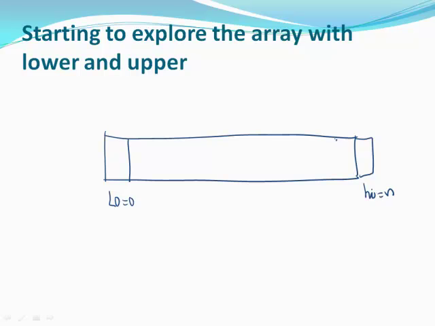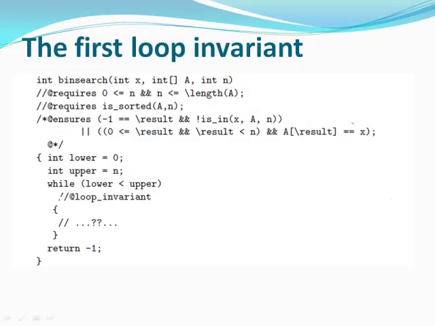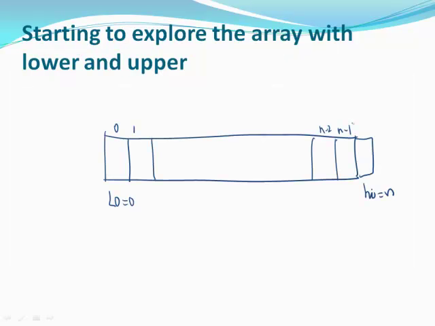That element is not in the array, since the arrays are indexed from 0 to n minus 1. One of the first things we want to do is write a loop invariant.